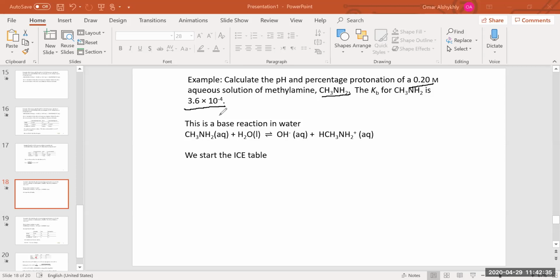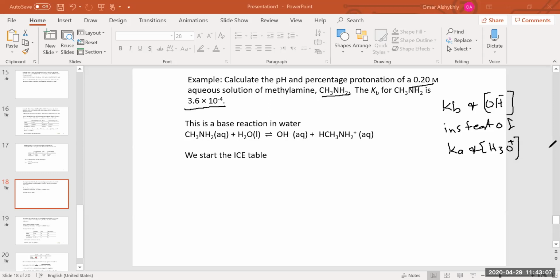Guys, for the weak bases, it is the same idea as the calculation for the Ka, but here we will use Kb and OH negative. We will calculate the concentration of OH negative instead of Ka and the concentration of H3O positive. But it is the same idea: the approximation, the quadratic equation, the same way.